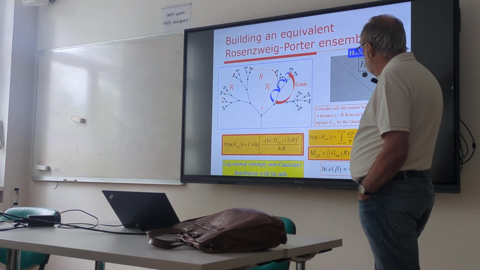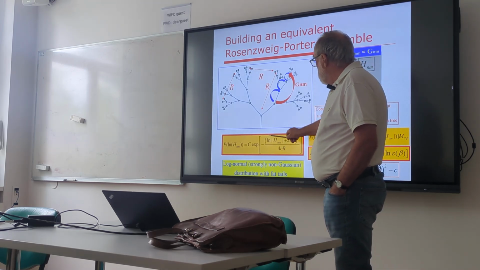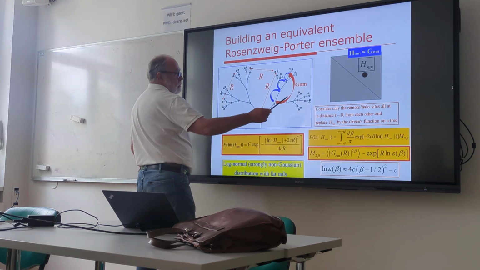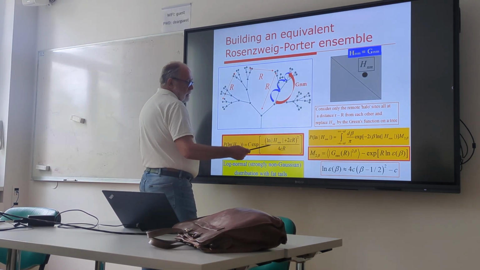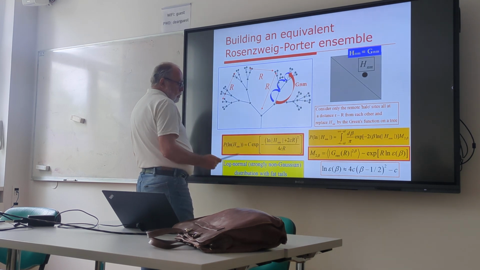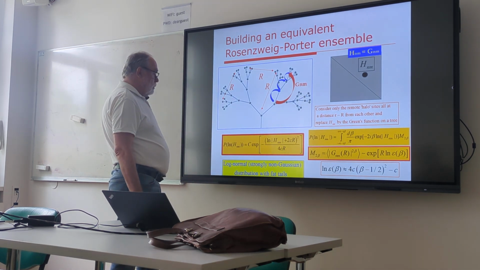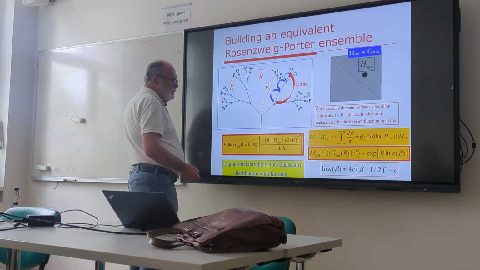And so what we have to know, two things, is that the distribution of the Green's functions at large distances is broad, so the logarithm of G is distributed log normally.